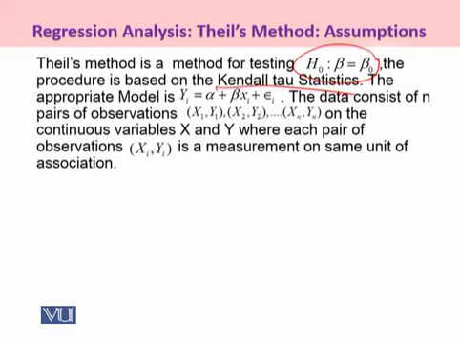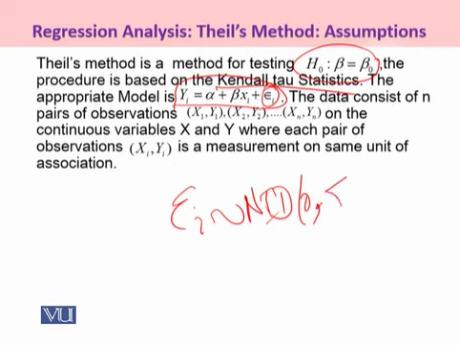The appropriate model, that is the simple linear regression model, is yi equal to alpha plus beta xi plus epsilon i, where epsilon is the errors, and we assume that the errors follow a normal distribution, independently distributed with zero mean and constant variance.